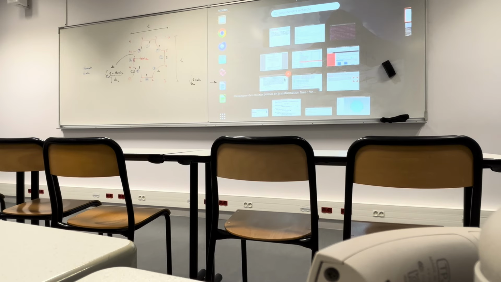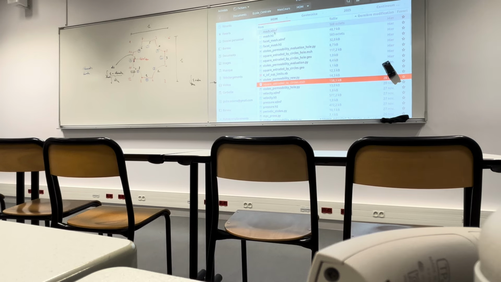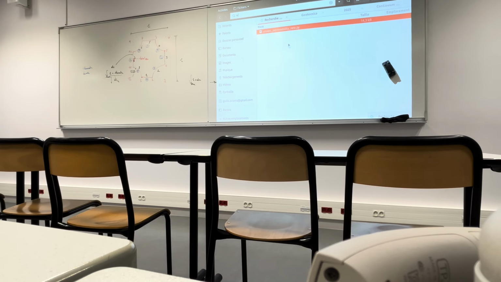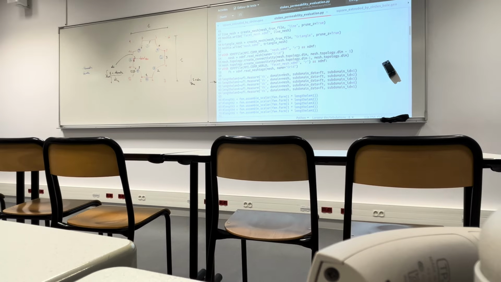Once you run this script, you see that you generate these two files, mesh XDMF and phased mesh XDMF, which are these ones.